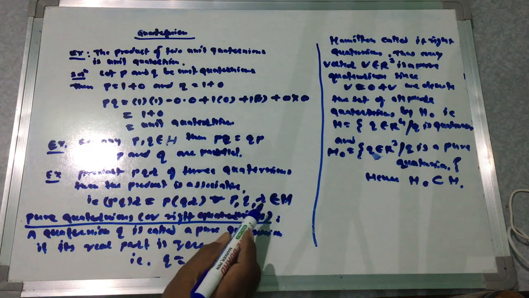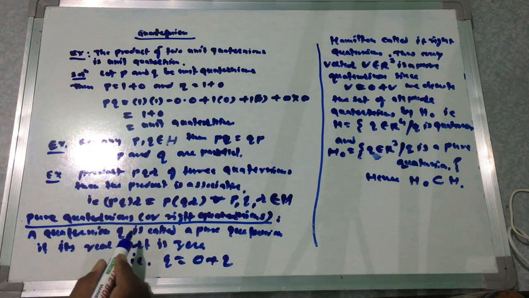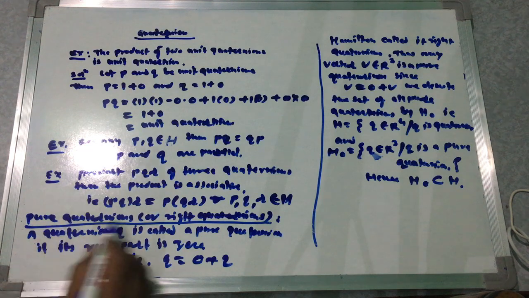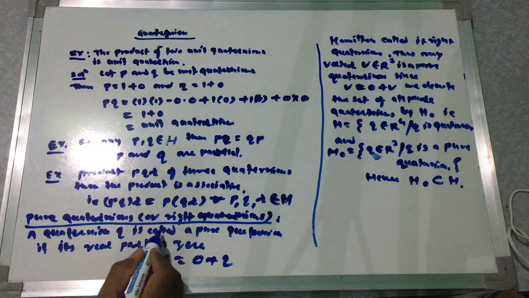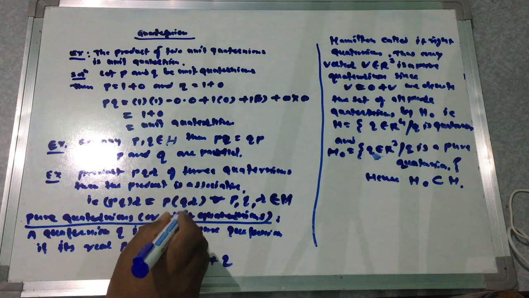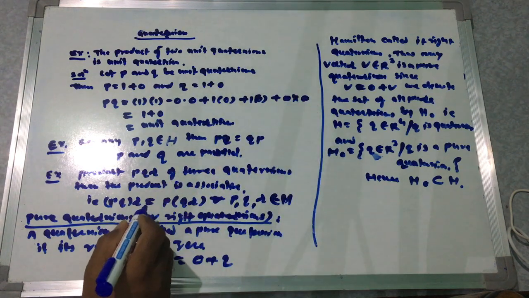H means Hamiltonian. Now, the pure quaternion, or right quaternion. A quaternion Q is called a pure quaternion if its real part is 0, that is, Q is equal to 0 plus Q. Hamiltonian called it a right quaternion.